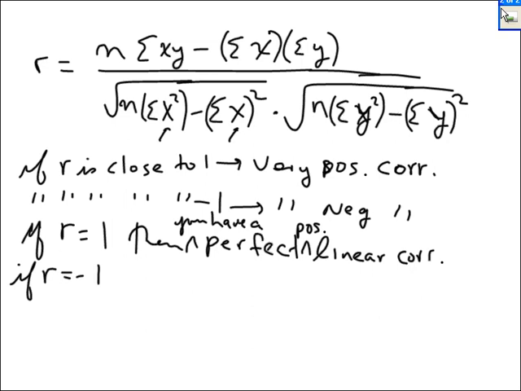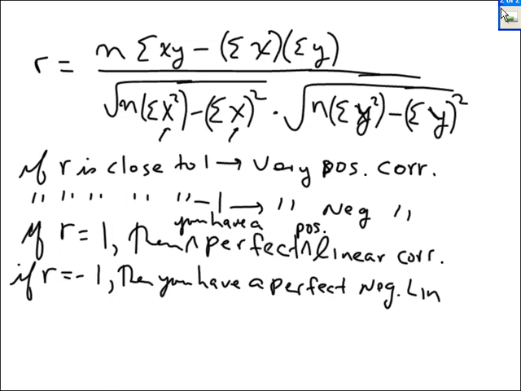If R is exactly negative 1, then you have a perfect negative linear correlation. And if R is 0, then there is no correlation.